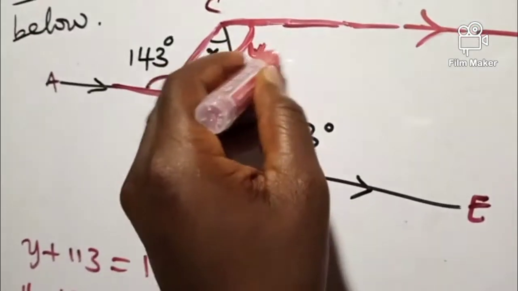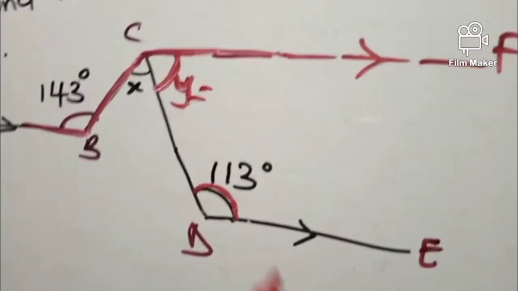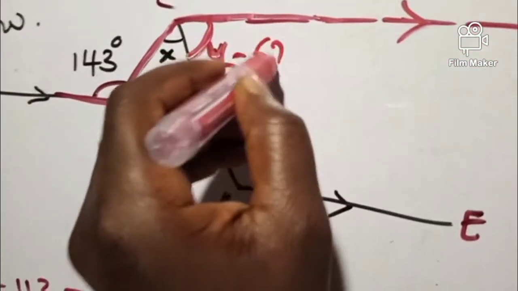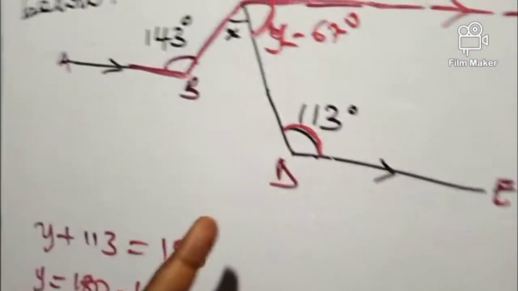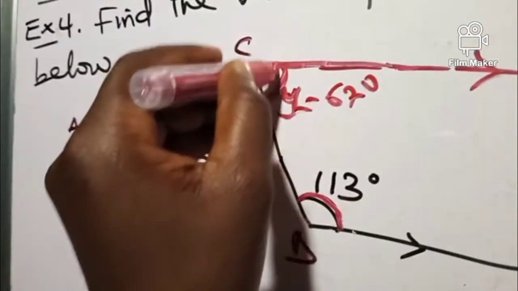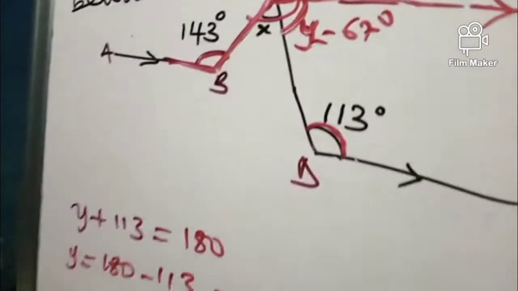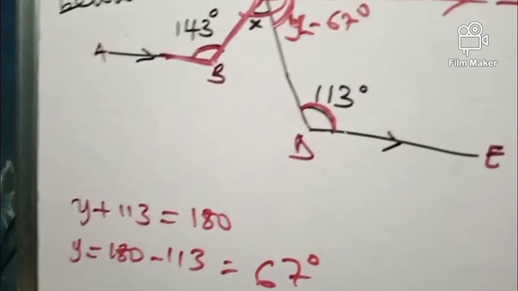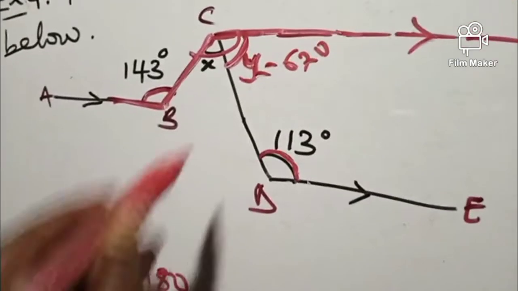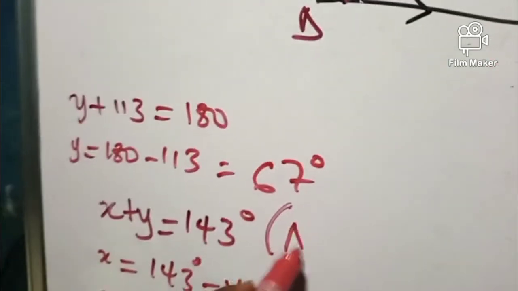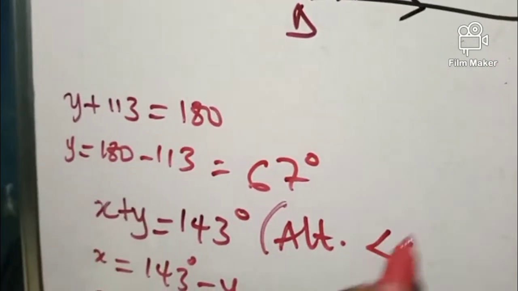So this one will now be equal to 67 degrees, which is 180 minus this. And the total angle here and this angle, you can see that they form a Z, which means that they are alternate. So that's why I said X plus Y is equal to 143 degrees, alternate angles.